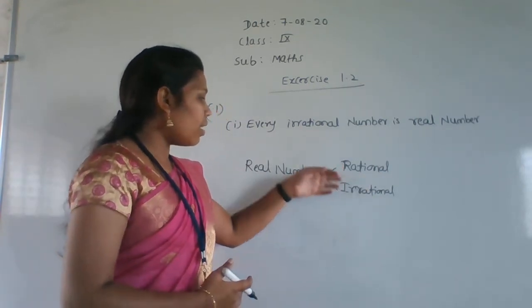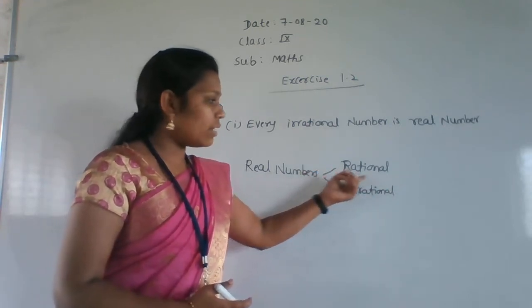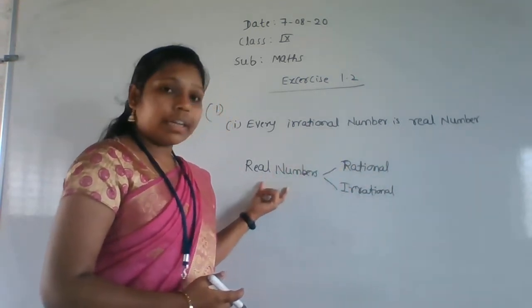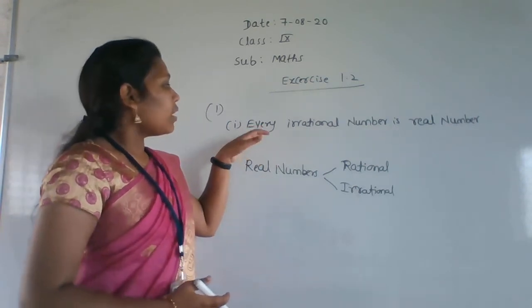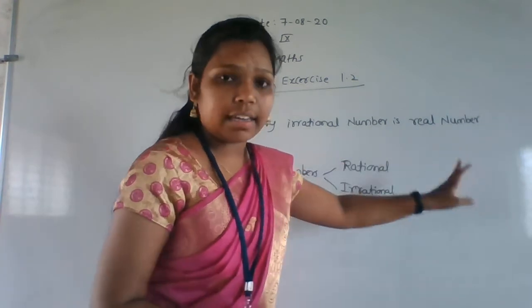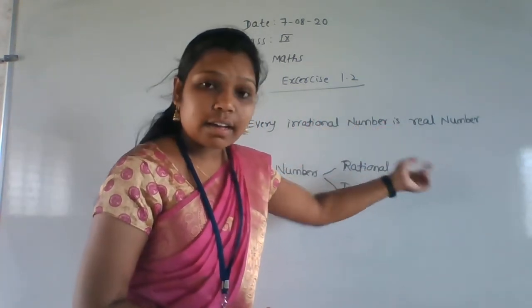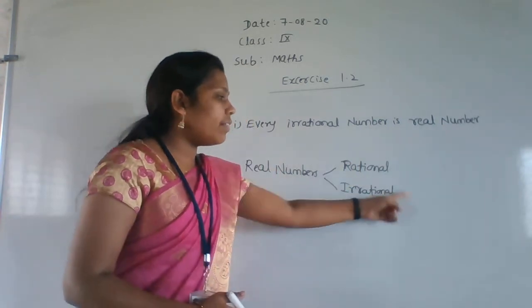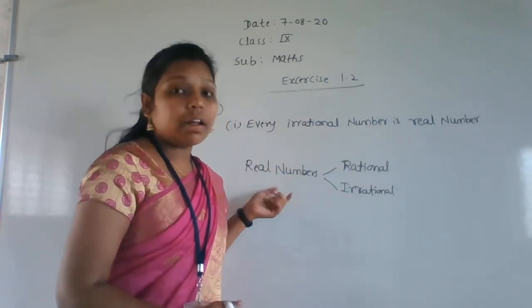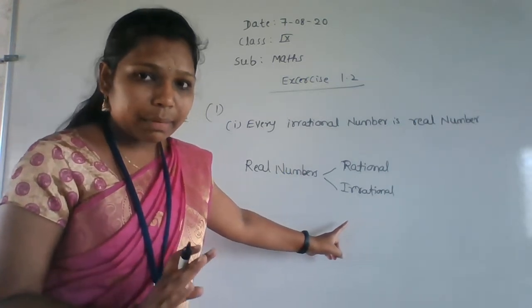That means all the irrational numbers are real numbers and even all the rational numbers are also real numbers, right? So here they given every irrational number is a real number. Every irrational number is a real number, but every real number is not an irrational number. Getting my point?